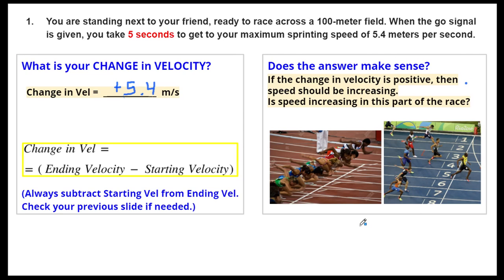This part of the race is from the start line to top sprinting speed, shortly before the finish line. Speed is increasing in this part of the race. So a positive answer in terms of change in velocity makes sense. Yes, this answer makes sense.